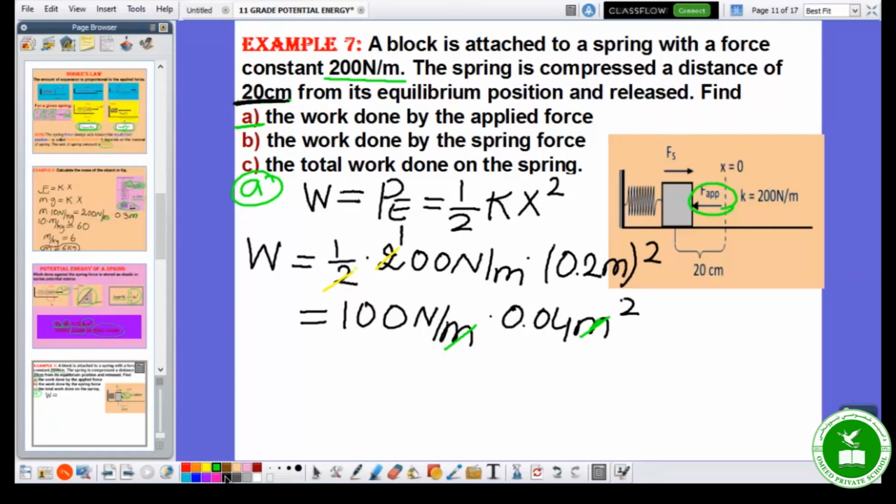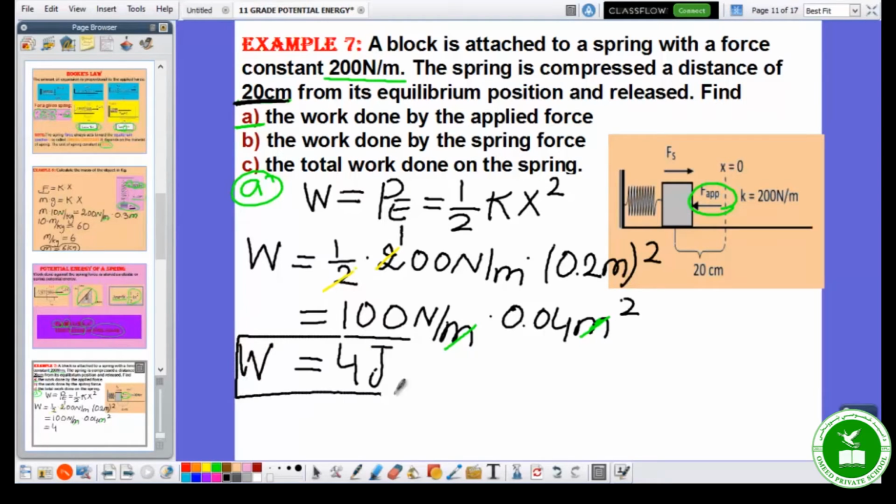If you multiply 100 by 0.04, it becomes 4. And Newton times 1 meter will be joule. 4 joule work is done by this external applied force. Let's take this work done by the external force as positive. Positive 4 joule has been done by this applied force.